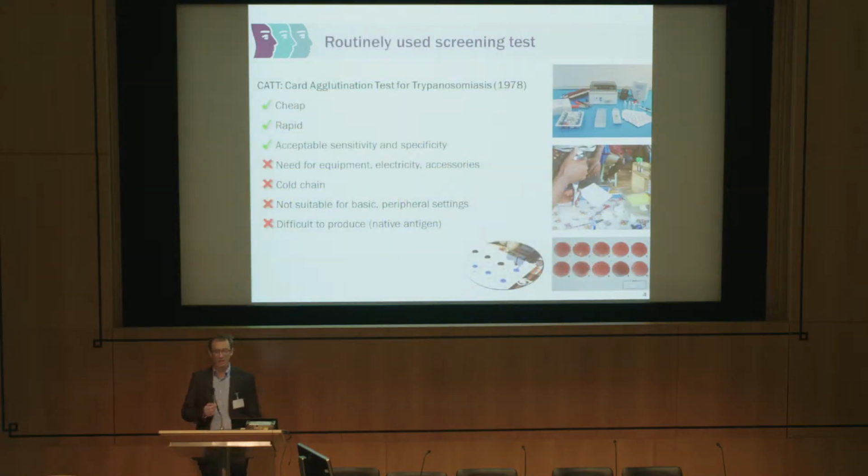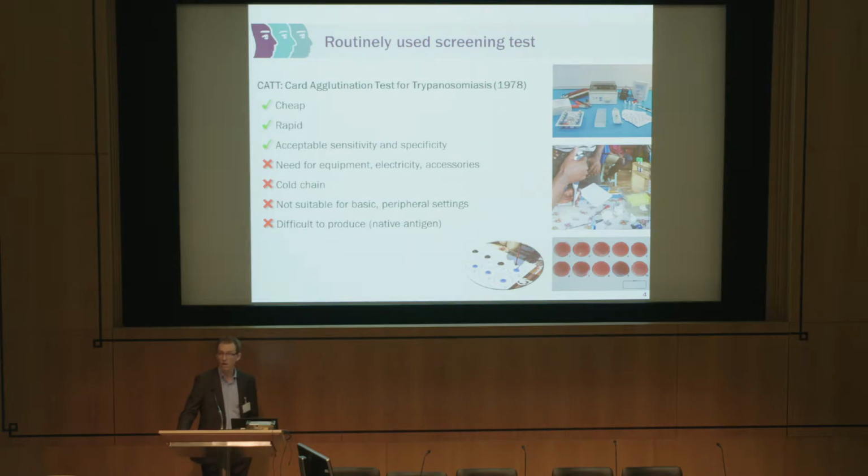So, as I mentioned, the test that is really routinely used today in Africa, and this has been so for several decades now, is the CAT test, the card agglutination test for trypanosomiasis. This test has really played a central role in disease control and is still playing today a very important role. It has a number of important advantages in that it is cheap, it is rapid, it has a relatively good sensitivity and specificity.